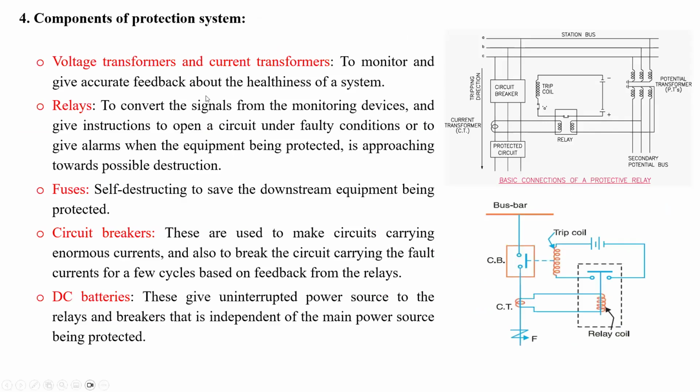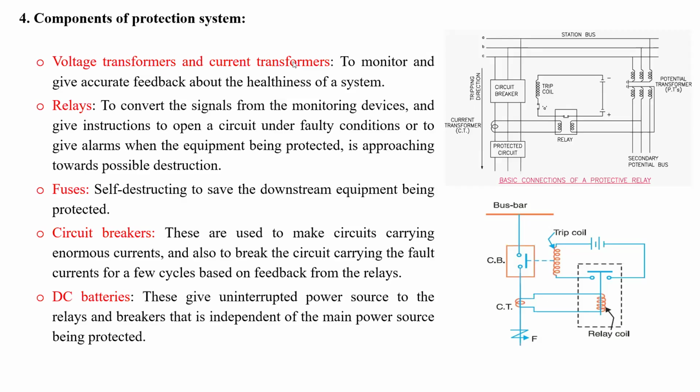Now, as I discussed earlier, the main components in the protection system for 11 kV and higher voltages are voltage transformers and current transformers. These are required to monitor the line voltages and currents. Suppose you are going with an 11 kV system, the voltage transformer will reduce the voltage from 11 kV to 110 volts, which is suitable for meters or protection devices.